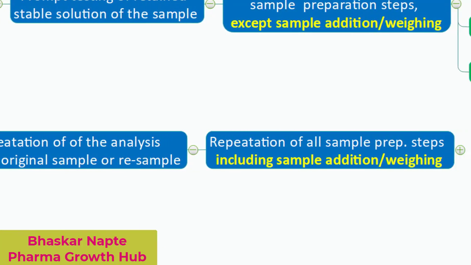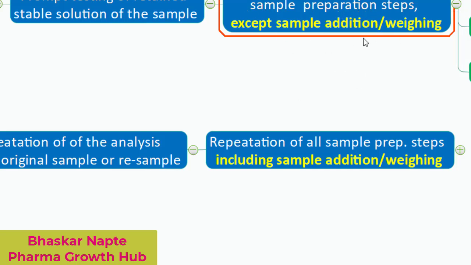So what we understood now is that in case of retesting, we are going to repeat all sample preparation steps, including sample addition or sample weighing. If you remember, the definition of repeat testing is what?